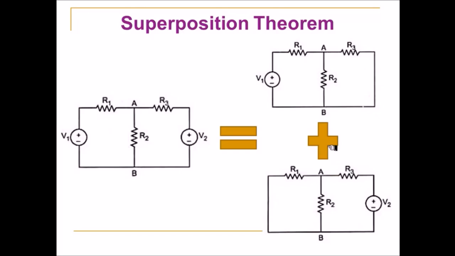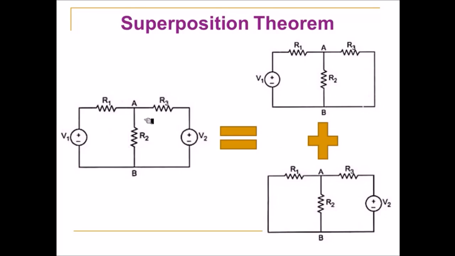As per the statement of superposition theorem, the voltage or current in any of the elements due to voltage sources V1 and V2 is equal to the voltage or current due to voltage source V1 plus the voltage or current due to voltage source V2.